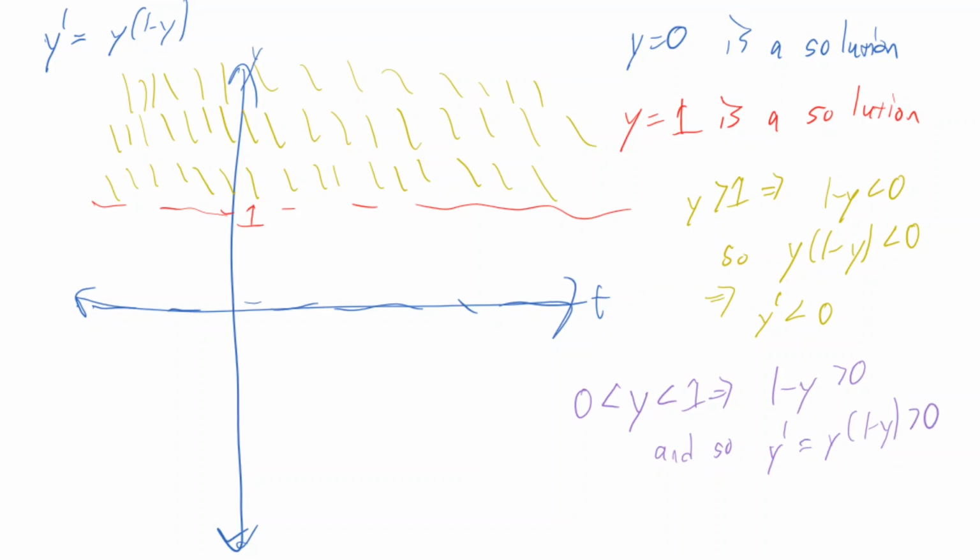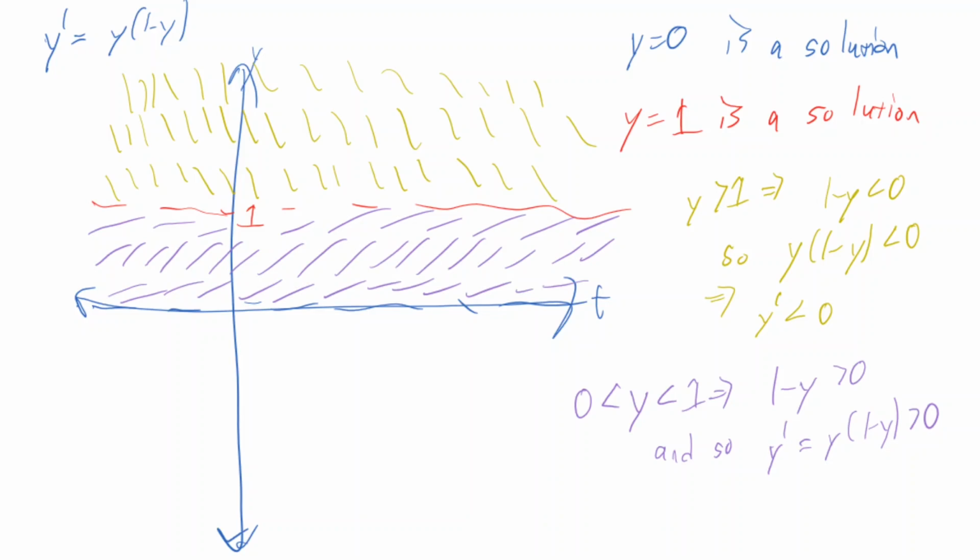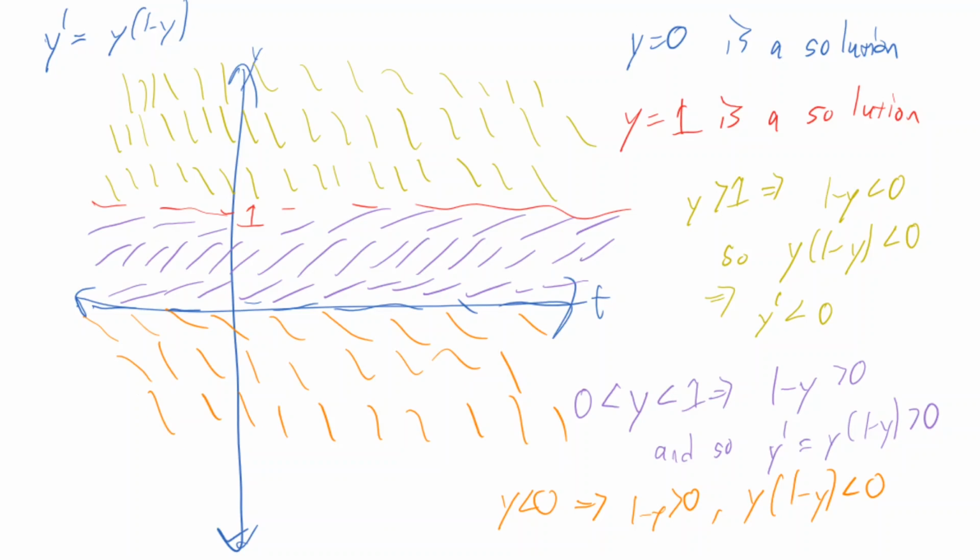So our derivative is positive. We could fill in that area between y equals 0 and 1. And then for the last region, when y is less than 0, then 1 minus y is still positive. So it's positive times a negative, and we get that that's negative, so the slope should be negative when y is negative. So another quick way to fill out your slope field.